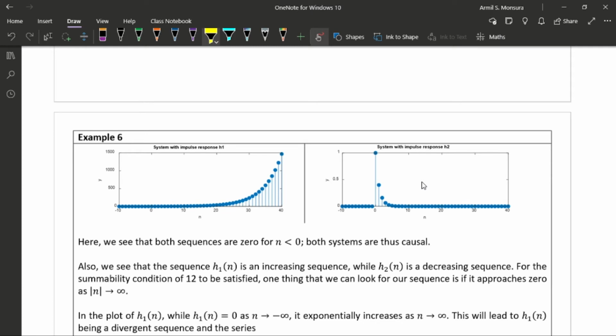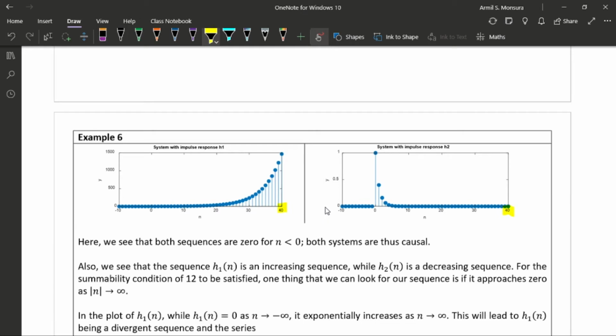From there we can get a clue about the system's stability. But don't be deceived if the plot only shows a limited number of terms, because it might later approach a certain finite value. That's different from truly increasing. So, be careful with those interpretations.